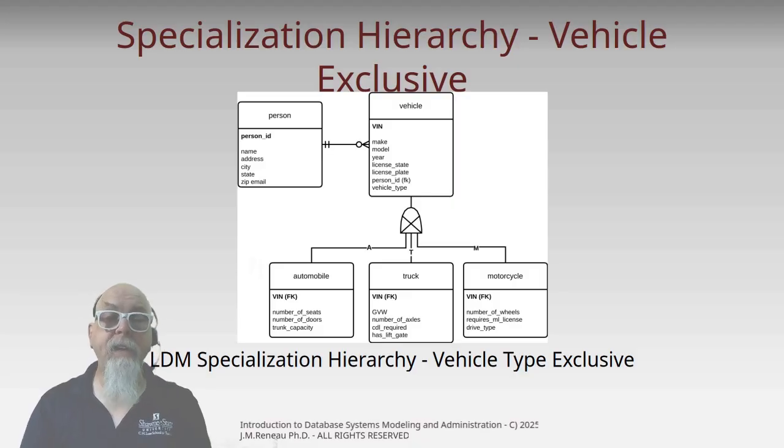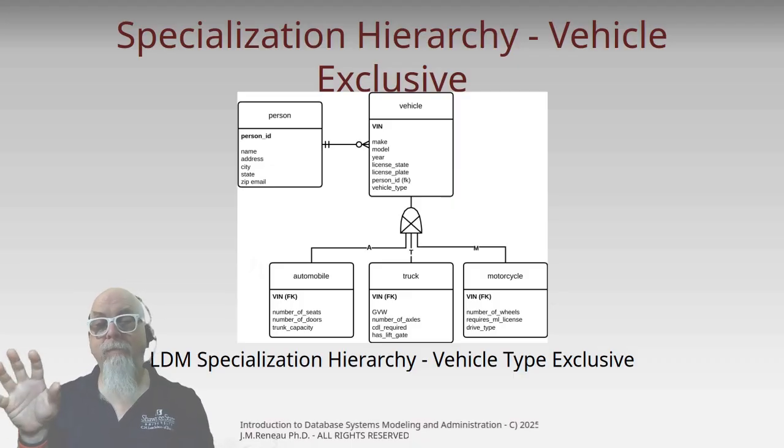A truck is a vehicle, a motorcycle is a vehicle, and the specific information about the automobile that makes it different than a truck, that makes it different than a motorcycle, are in these various tables. So you can see how this specialization hierarchy works, and there is an exclusive specialization hierarchy.